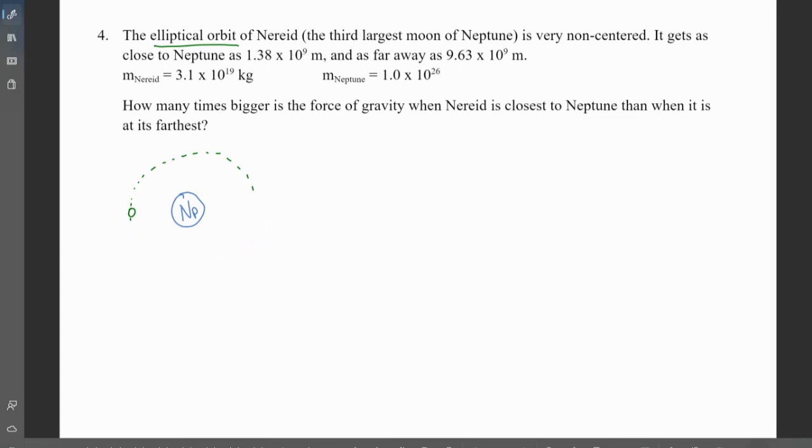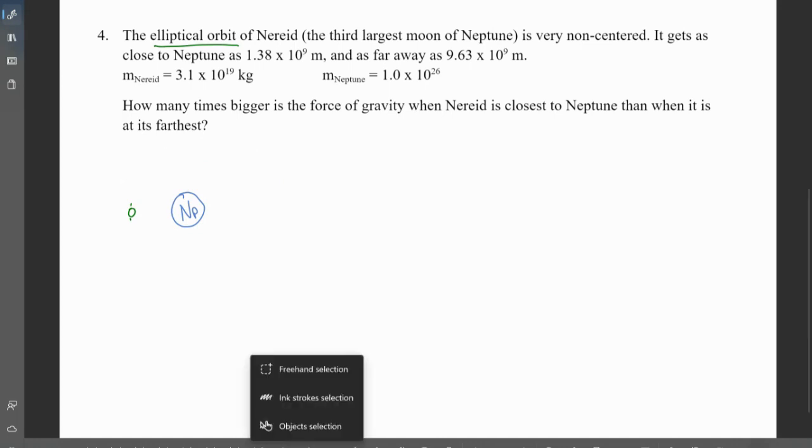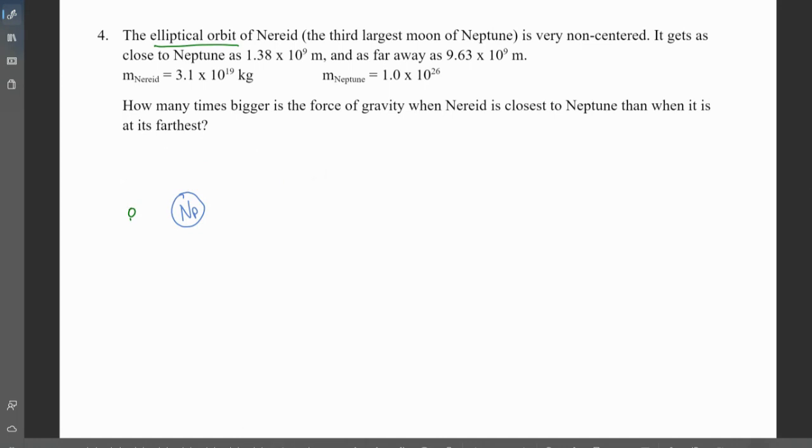I could have probably drawn this a little bit better or a little more easy to erase. It's not how it works. This is not a circular orbit. Instead, Nereid will make an elliptical orbit around Neptune like this.